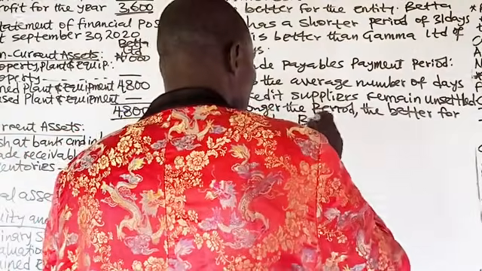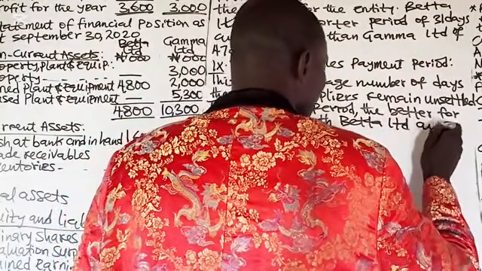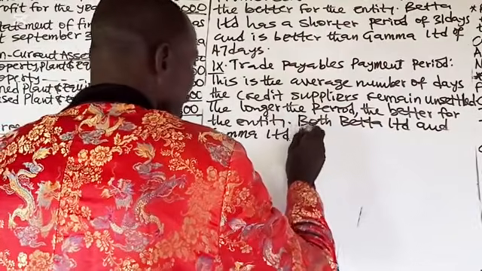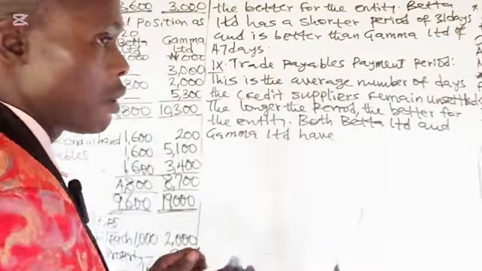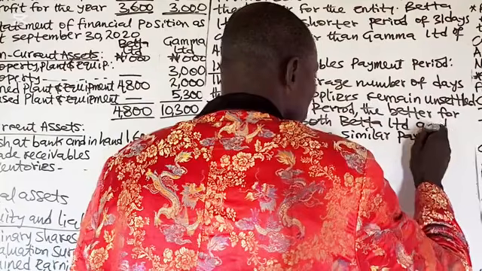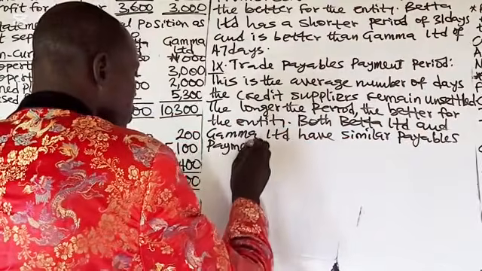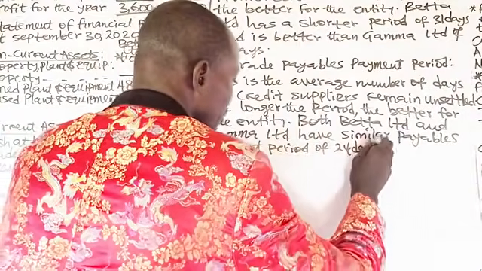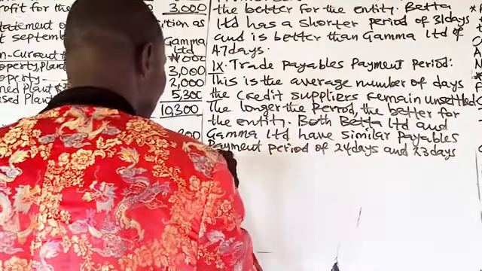Both Beta Limited and Gamma Limited have similar payable payment periods of 24 days and 23 days respectively.